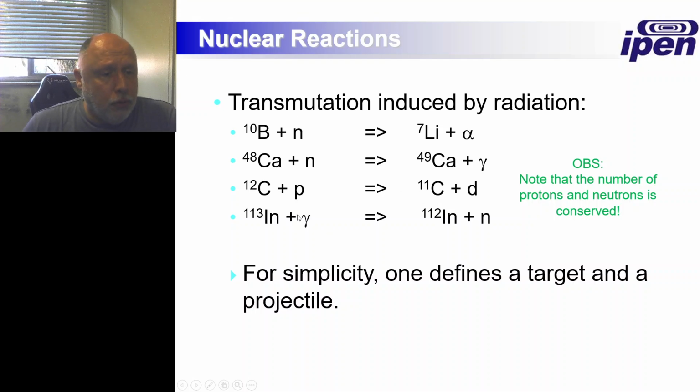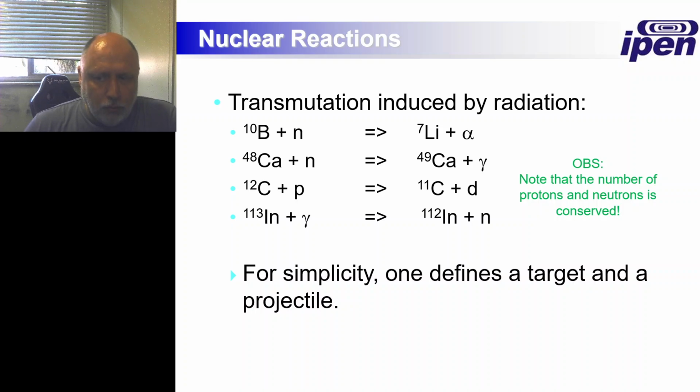And you also have, for instance, a gamma ray that will collide with an indium target, removing a neutron from the indium target, leaving it so it was indium 113, becomes indium 112, and you have now a neutron just away from it.